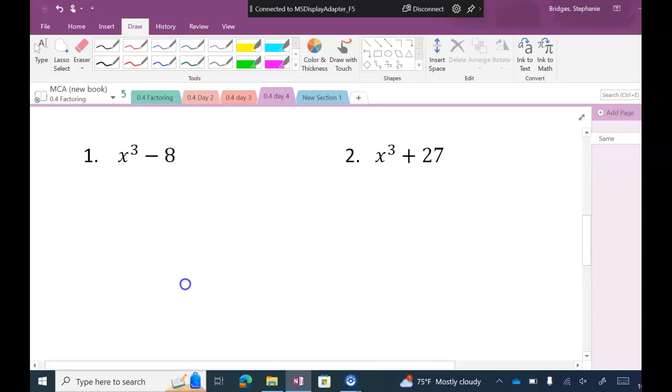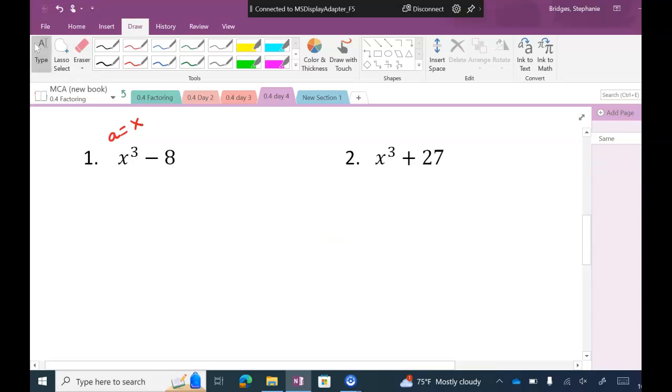So let's talk about finding A and B. I always write them above my problem so that when I go to plug them into this formula, I have them written down and I don't have to keep it in my head. A is going to be whatever the cube root of x to the third is. If I split x to the third into 3 equal parts, what would it be? Just x. So my A value in this problem is x.